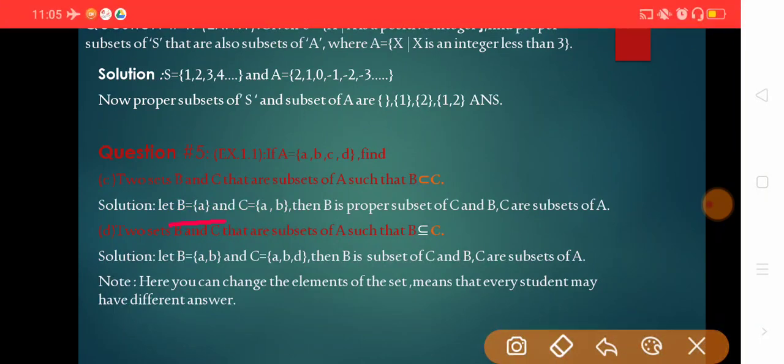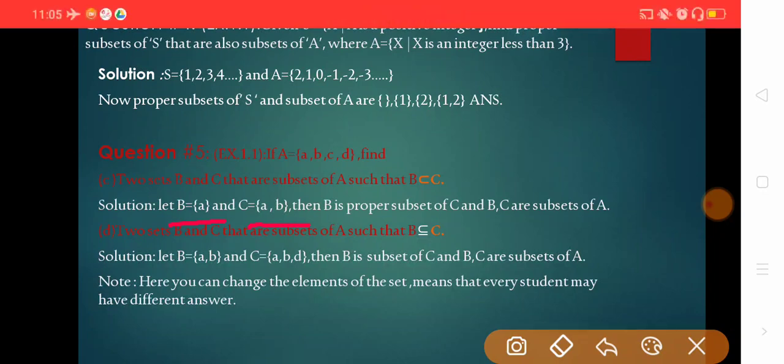Here, as B is equal to {a} and C is equal to {a, b}, the element of B is present in set C, but there is an extra element, here we have b also.